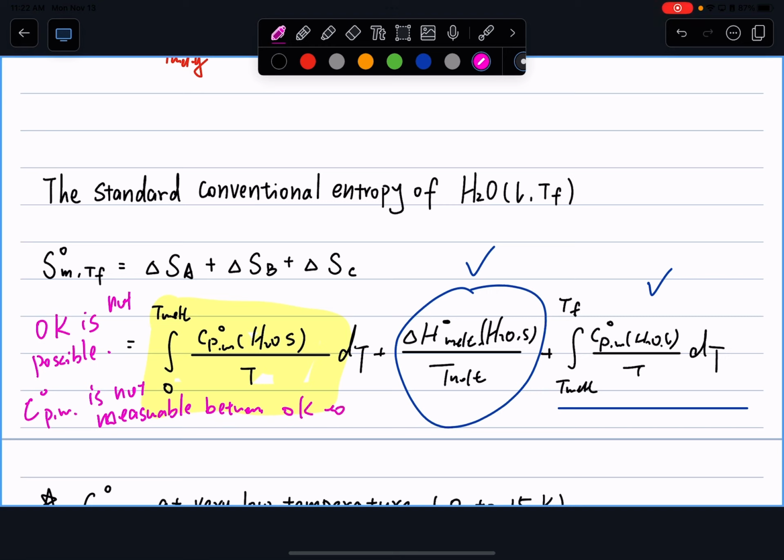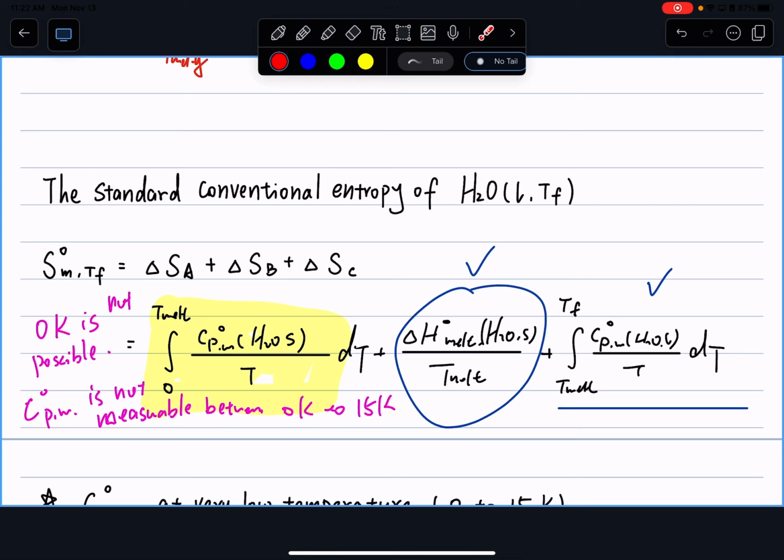That range is 0 K to about 15 Kelvin. 15 Kelvin is the cutoff point: when you see something called low temperature, normally we set the cut at 15 Kelvin. Below 15 Kelvin is the range where we do not have a way to measure the heat capacity experimentally, so we need to take a further look at the process between 0 K and 15 Kelvin.